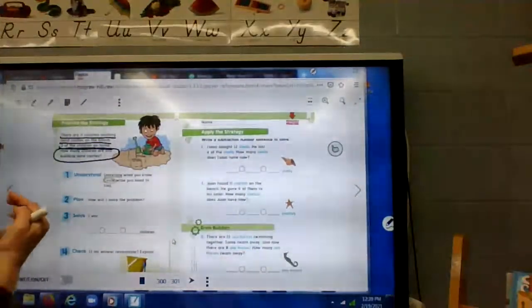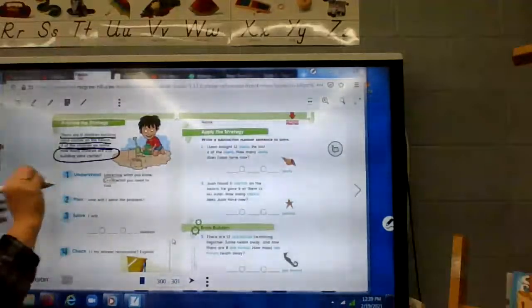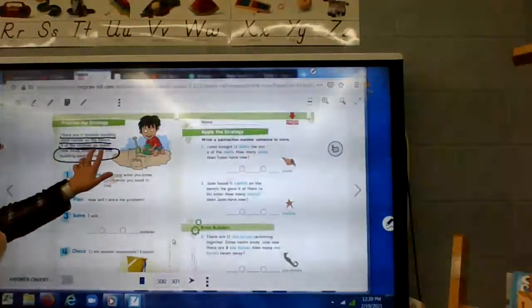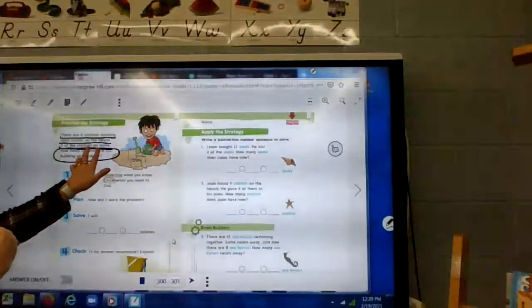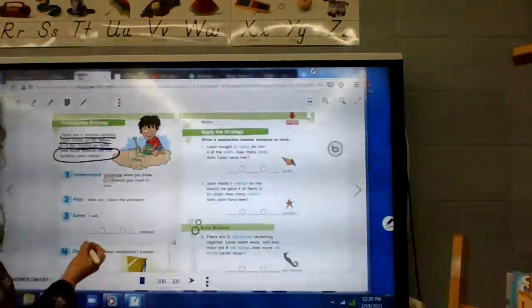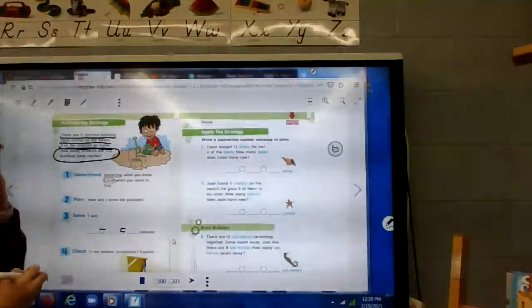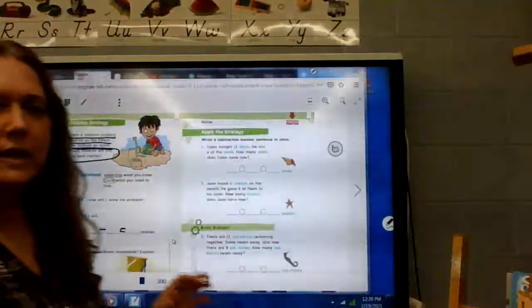Okay, so again, we're going to subtract because they went home. That kind of gave us the hint that when they went home, that means they left. And so we're going to subtract. Minus equals. So what number is going to go first?